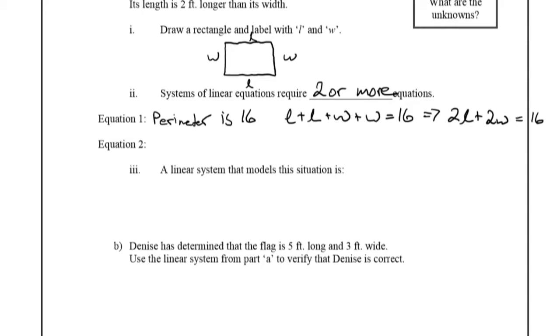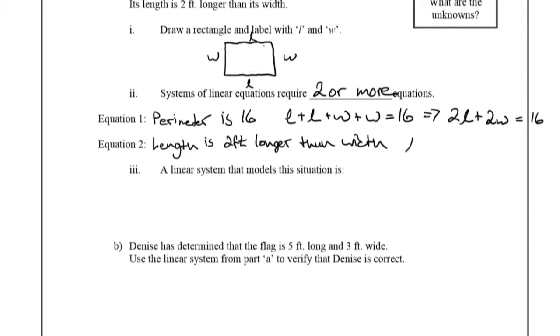Equation number 2, the other piece of information I'm given in the question, it says the length is 2 feet longer than its width. So I'm going to take that and try to convert it into math. Length is 2 feet longer than the width. All right, this is where this gets maybe a bit tricky.